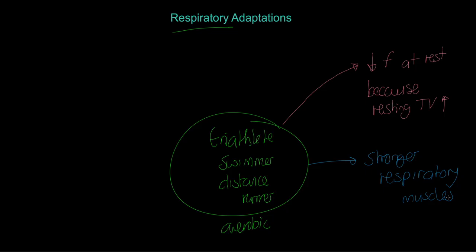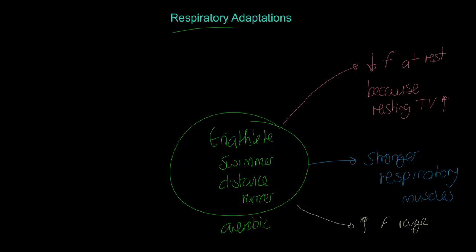Now what this all means, once we go into exercise conditions, this becomes even more beneficial. Why? That is because we have got a greater frequency range. So if our breathing frequency, how many times we breathe per minute at rest, is lower, and we've got a sort of maximum breathing frequency, haven't we, when we're going for it, well, in that case, the range between the two is greater.